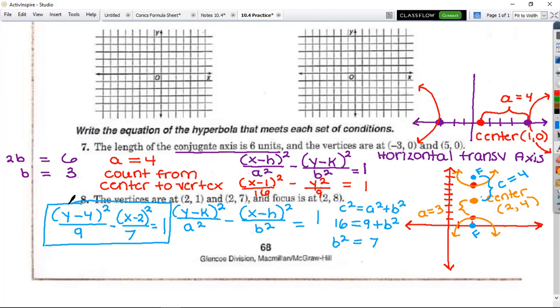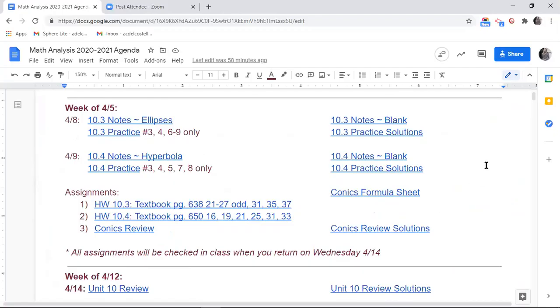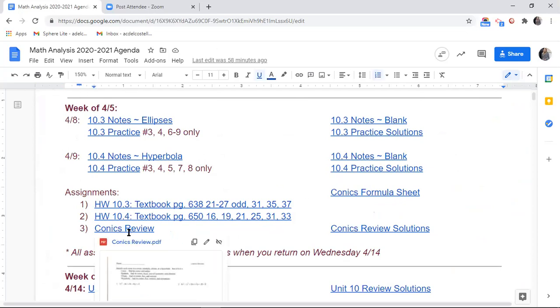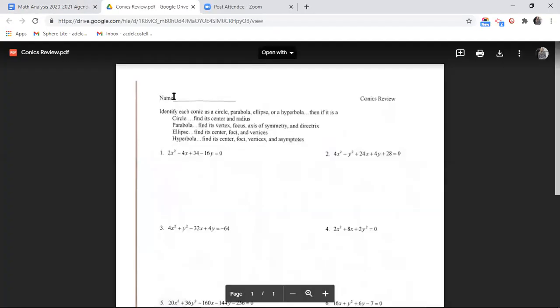All right, how do we feel on all of those? Okay, so your assignments again, because then I'll let you start and kind of work. I think you've got what you need. You just need to practice it. So for your assignments, you've got textbook homework to complete. You can just do those on paper like you usually do. And then your review sheet is the one in your packet that looks just like this.